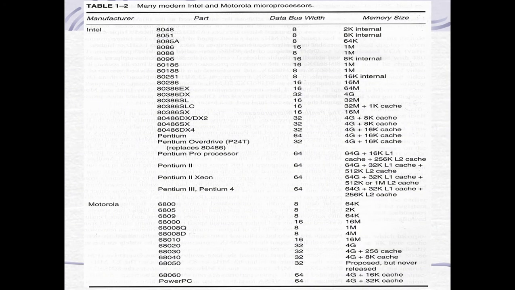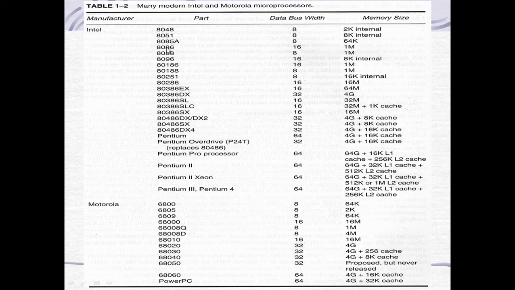In this table, there are modern Intel and Motorola microprocessors. Here, we can see that Intel has a number of microprocessors in their family. For example, the 8048 was a microprocessor with an 8-bit data bus width. The data bus included 8 lines. The memory size was 2 kilo internal memory, and the 8051 had 8 kilo internal memory.